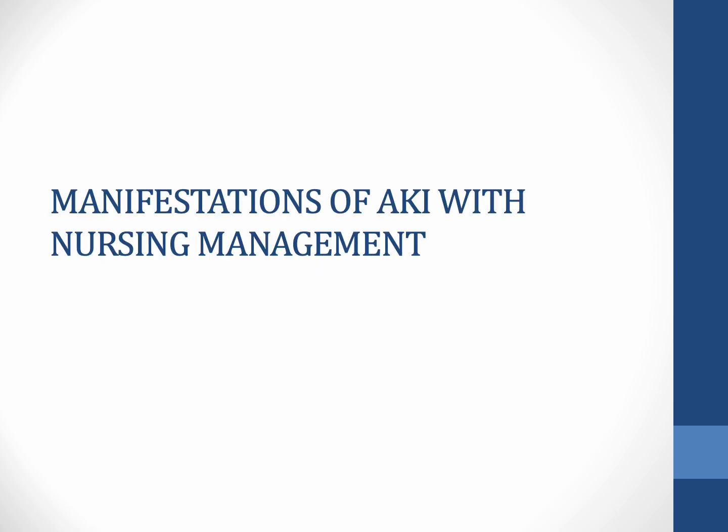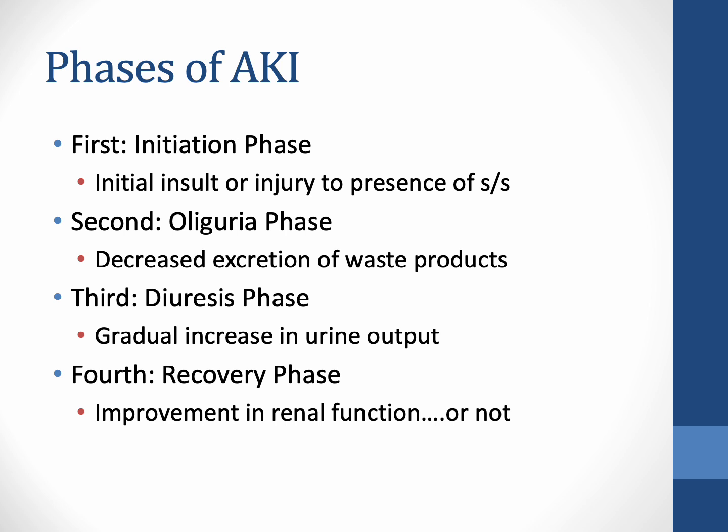Let's talk about the manifestations of AKI and the nursing management that go along with them. AKI manifests in different phases. In the initiation phase, the initial insult or injury occurs, leading to the onset of symptoms.